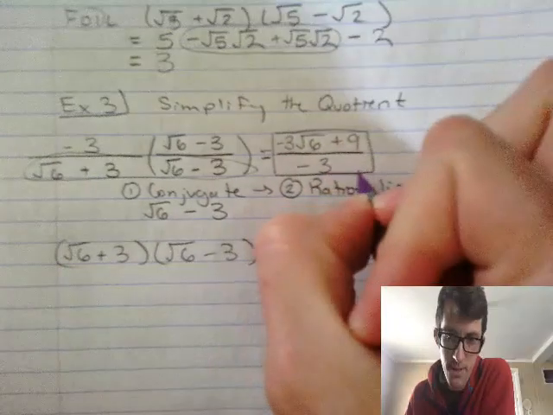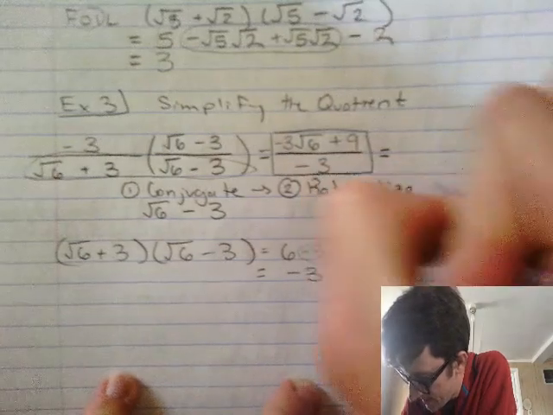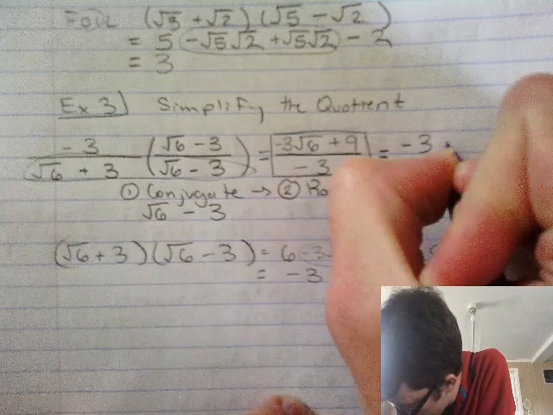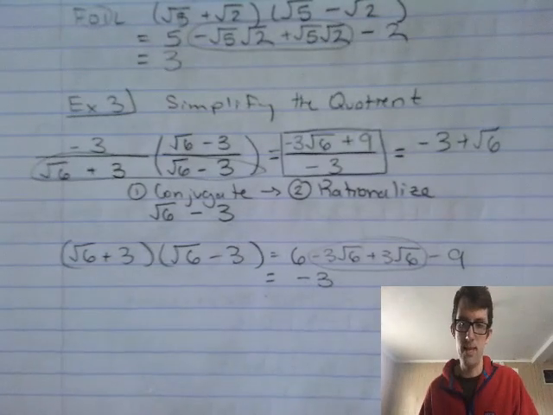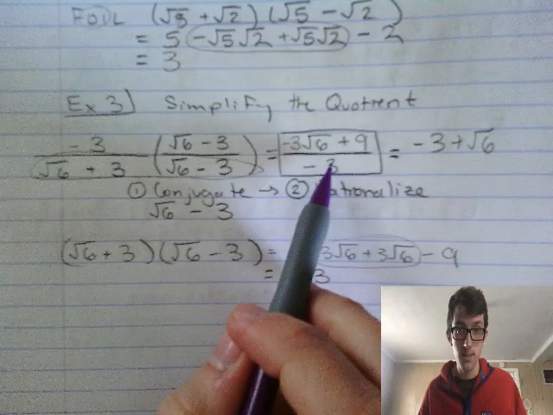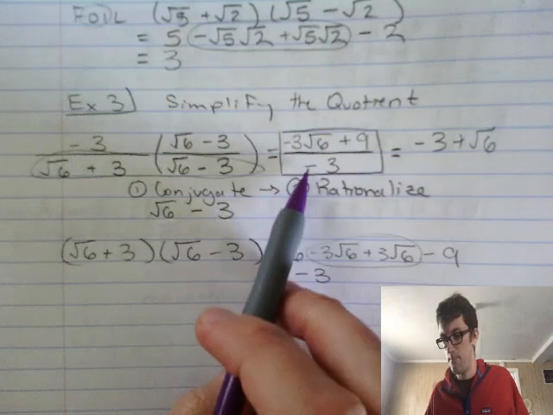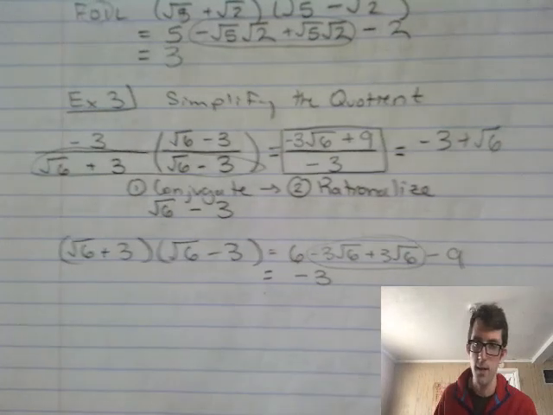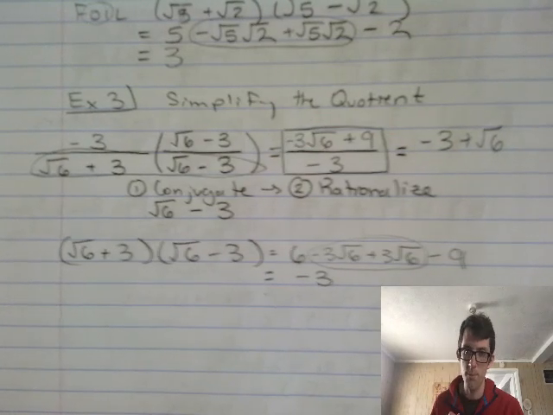Negative 3 divided by negative 3 is 1. 9 divided by negative 3 is negative 3. So this won't always happen, but this is the same thing as negative 3 plus the square root of 6. You do not have to simplify it in that way. You can leave it like this. If this was a problem in the book, it may simplify it, but nonetheless, these are the same.